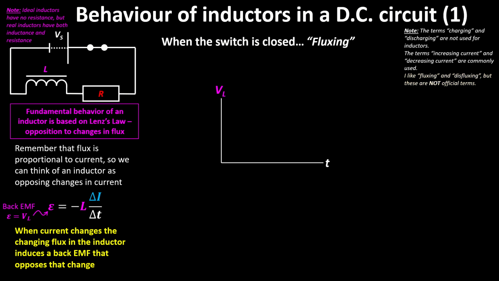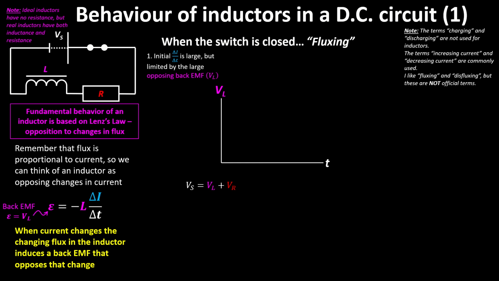So the inductor voltage over time, what will that look like? Initially, we get a large rate of change of current, but it's limited by a large opposing back EMF, because if the rate of change of current is large, the back EMF is large. But there's a limit to how big it can be because of Kirchhoff's voltage rule.